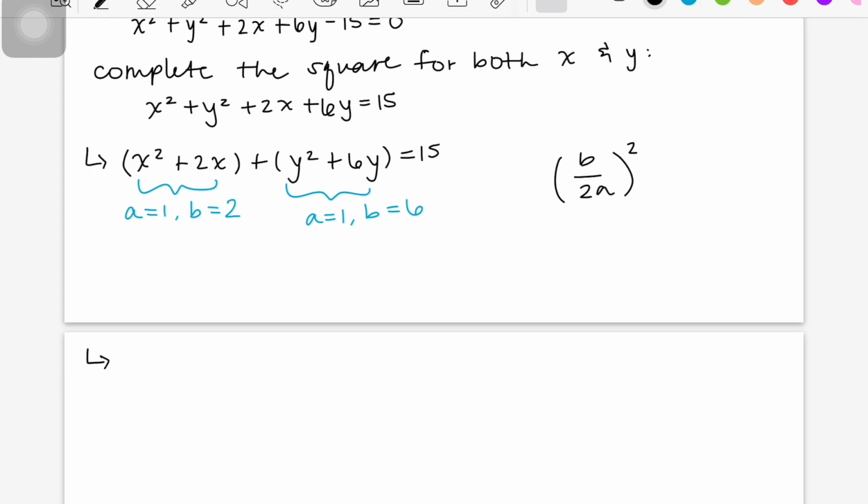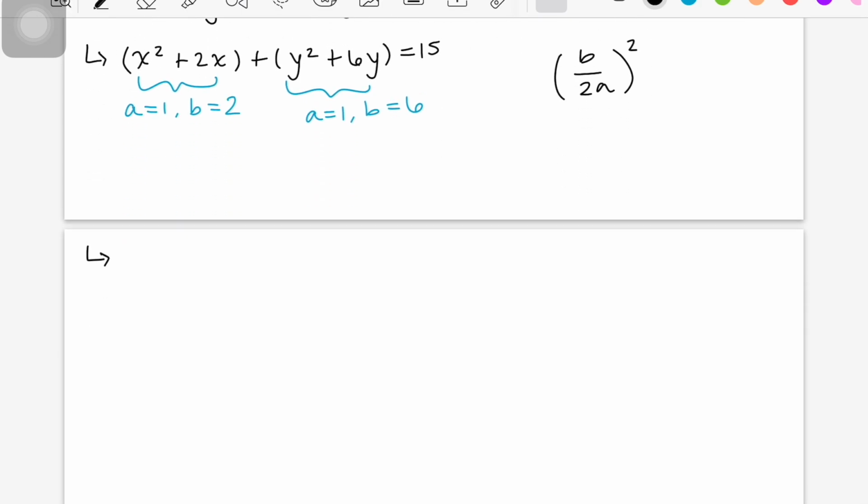So for our x terms, our b over 2a squared is just going to be 1. And then for our y terms, we have 6 over 2 squared. So we're going to get 3 squared, which is 9.